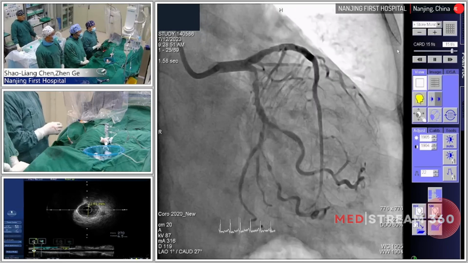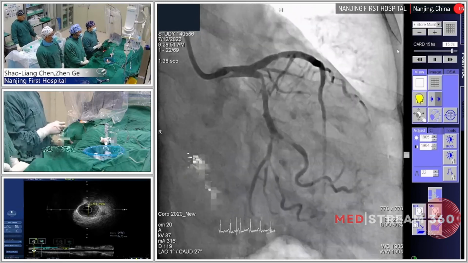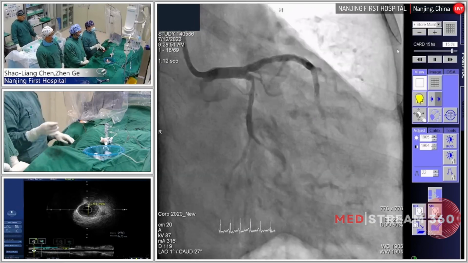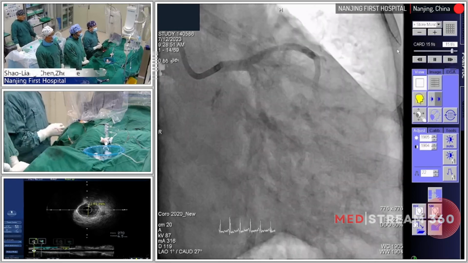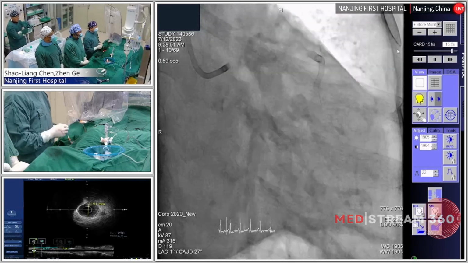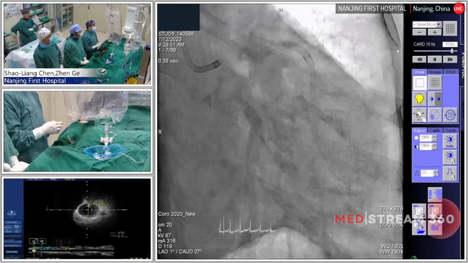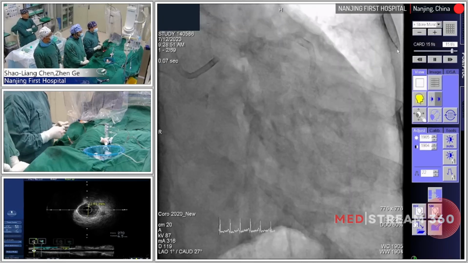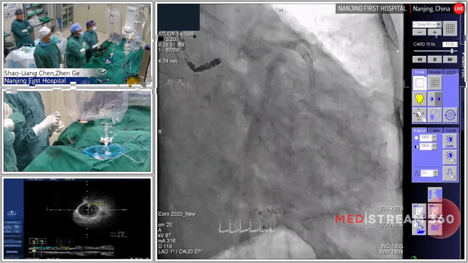The OM is a bigger vessel, and the circumflex bifurcates into 3 branches. The distal circumflex has diffuse lesions, but it's not a big vessel. So I want to use the IVUS to assess this lesion and to decide what strategy to use.